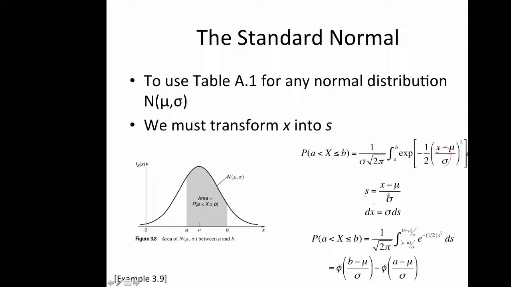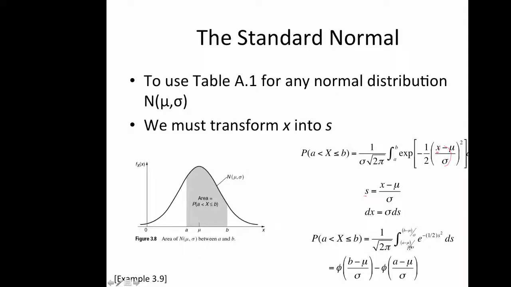And when we do that transformation, we now get the probability in this form, which is our standard normal. This is our standard normal distribution with now limits of integration, b minus mu by sigma and a minus mu by sigma.